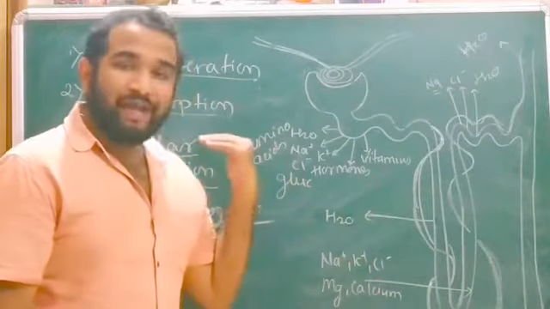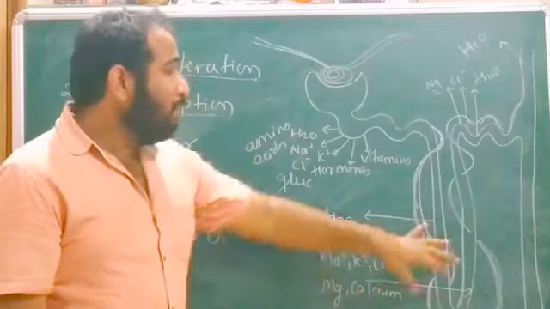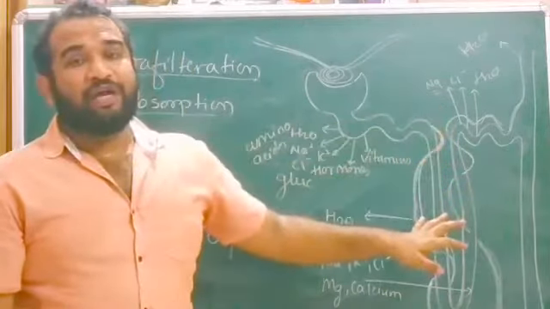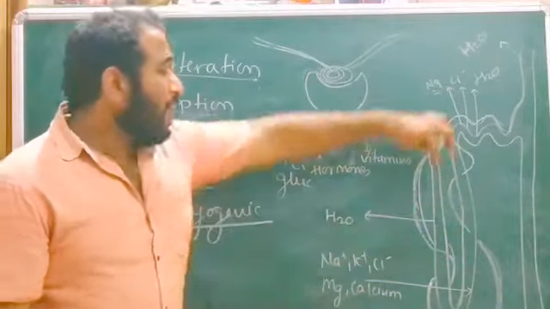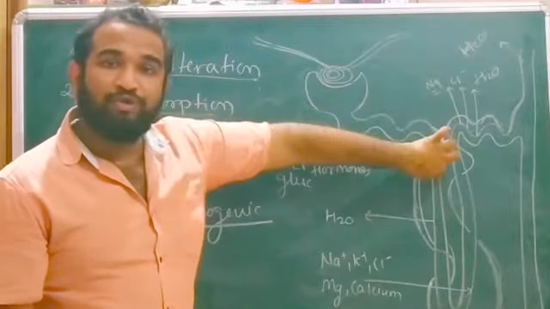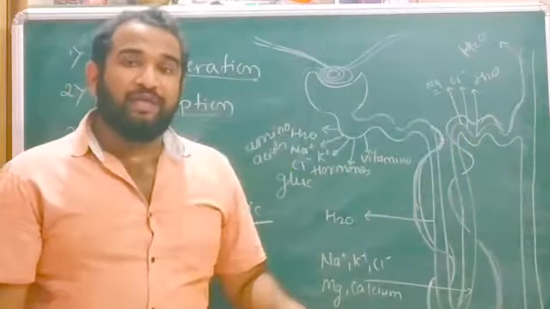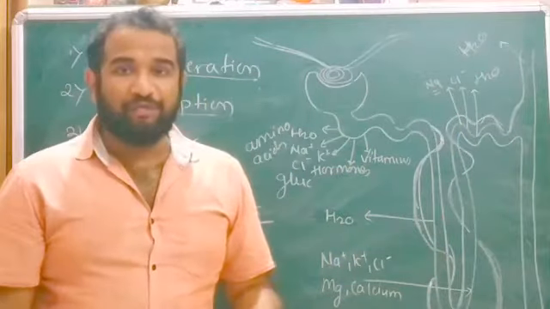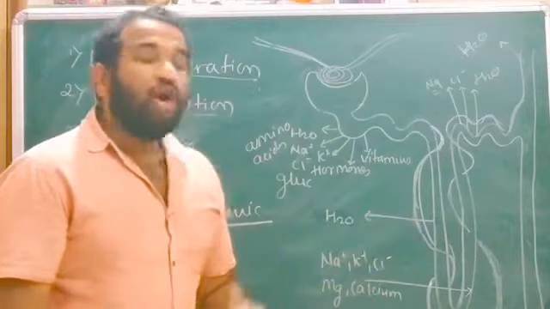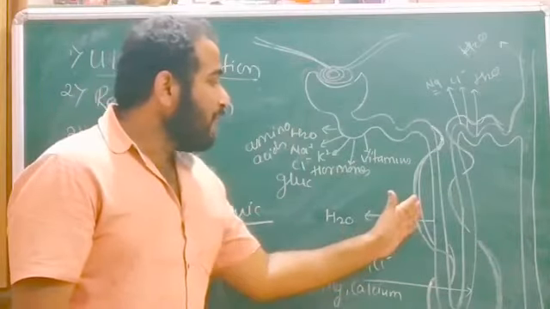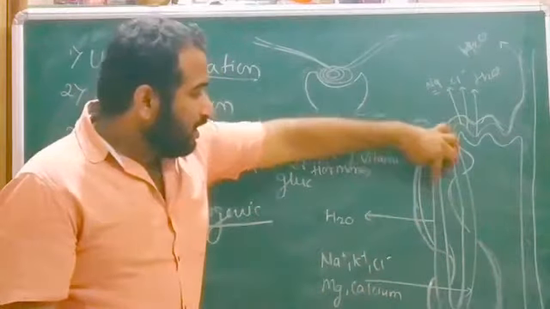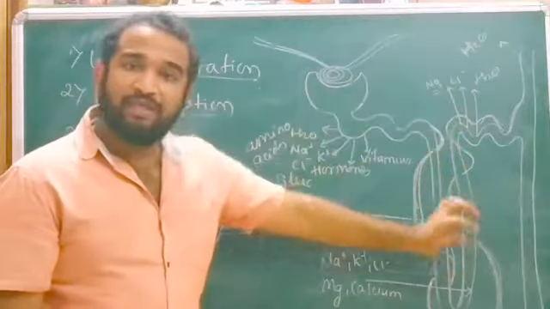So water is reabsorbed into the vasa recta, but the sodium, potassium, chloride ions are not reabsorbed, and because of that, inside the tubules the osmolarity of the filtrate becomes hypertonic as compared to the osmolarity present in the blood plasma. So here a hypertonic solution is maintained.